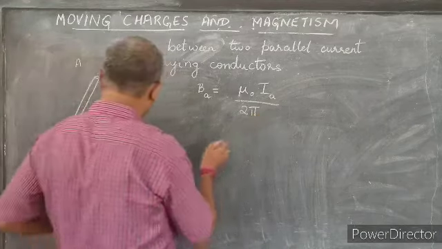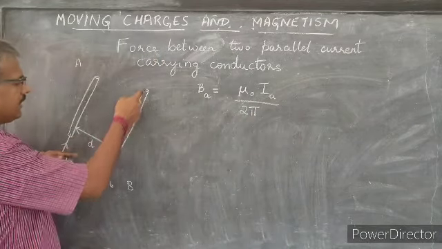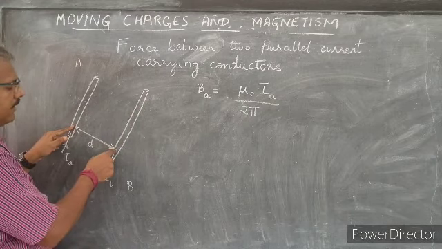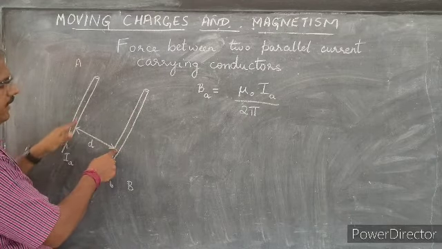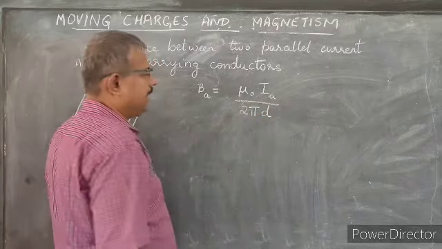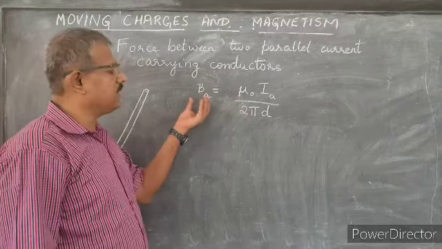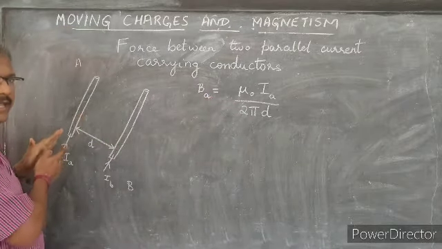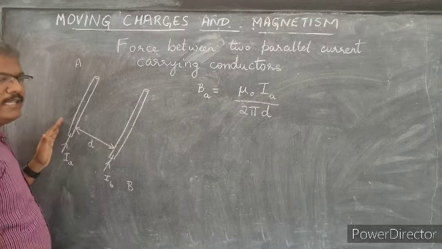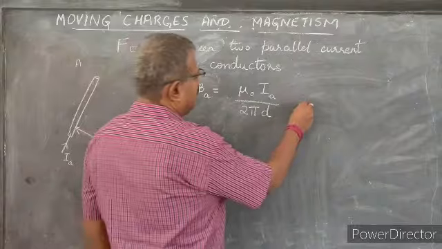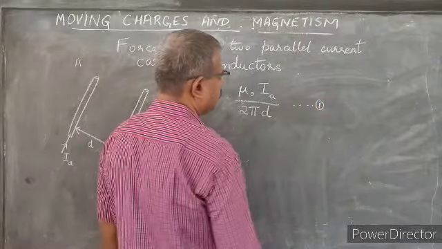Here the point of interest is on this conductor, and I am interested in finding out the magnetic field at this point due to this current carrying conductor. So this becomes 2 pi d. This is the strength of the magnetic field being generated by this current carrying conductor at a distance d from it. Let me mark this as equation 1.